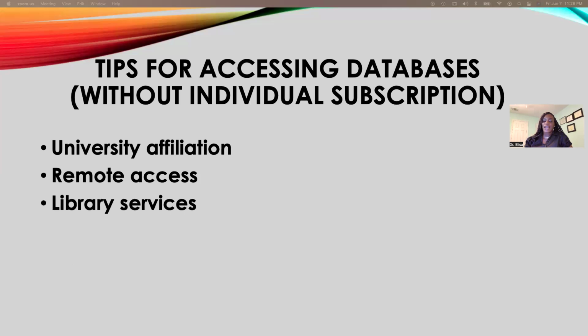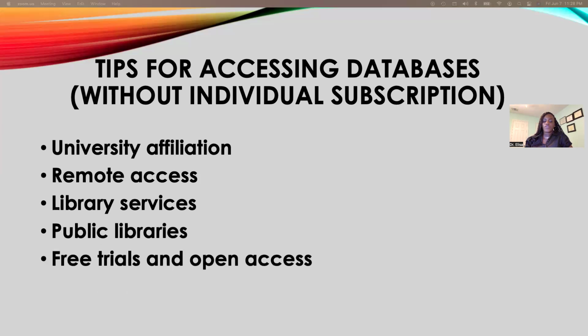The next steps are library services, then public libraries, free trials, and open access. Some databases will offer free trials, or they may have open access sections where you can access content without having a subscription, right? So you can look for these options if you do not have institutional access to these databases.